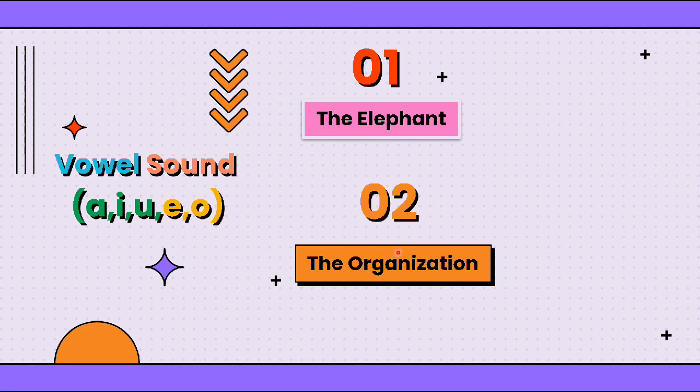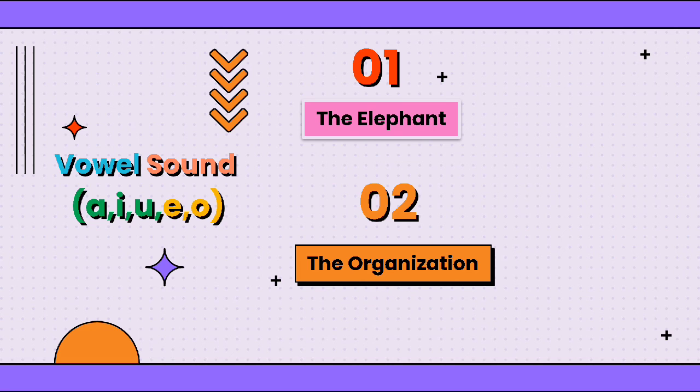As well as organization, it starts with the letter O, where the letter O is in the scope of the vowel sounds. So we say thee organization, not the organization.